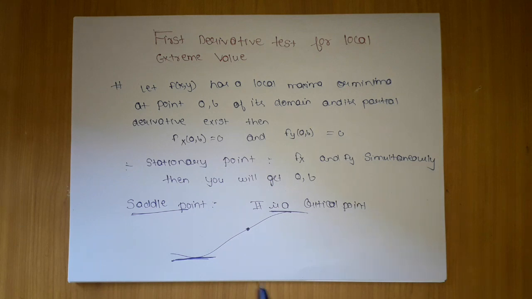That's it. And the second thing, the a comma b points can also be called stationary points. How can you get a stationary point from the given function? If you differentiate the function partially with respect to x, and then with respect to y, and then solve them simultaneously, you will get a comma b. These were all the things from the first order derivative test for local extreme values.